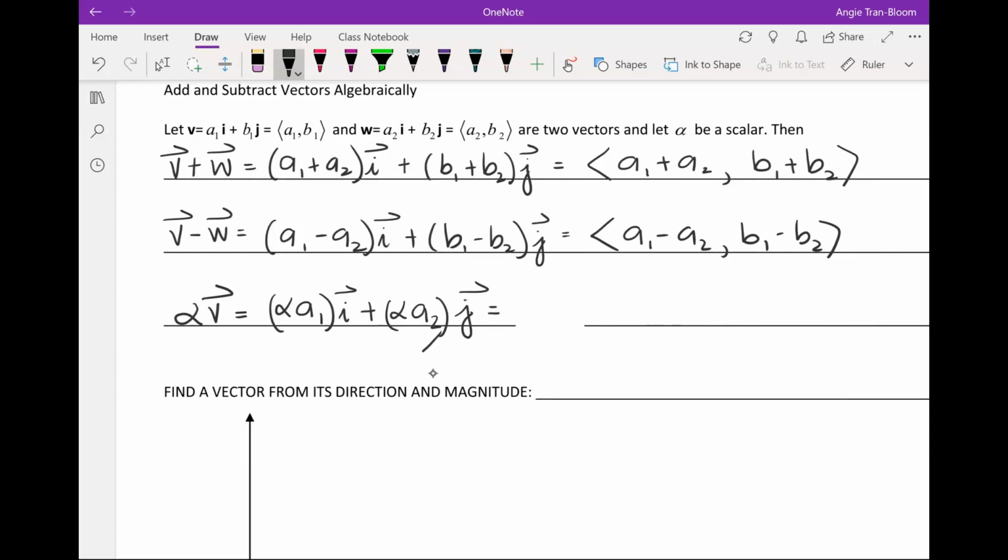It's the same thing as if we were to go alpha a1, alpha b1. Now, just to refresh our memory, if I asked you to find the magnitude of v, how would you do that? What's the formula for the magnitude of v?